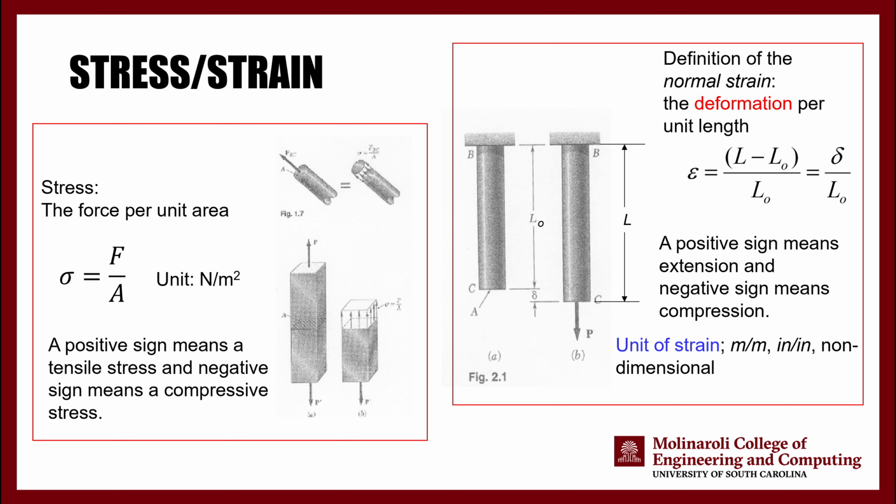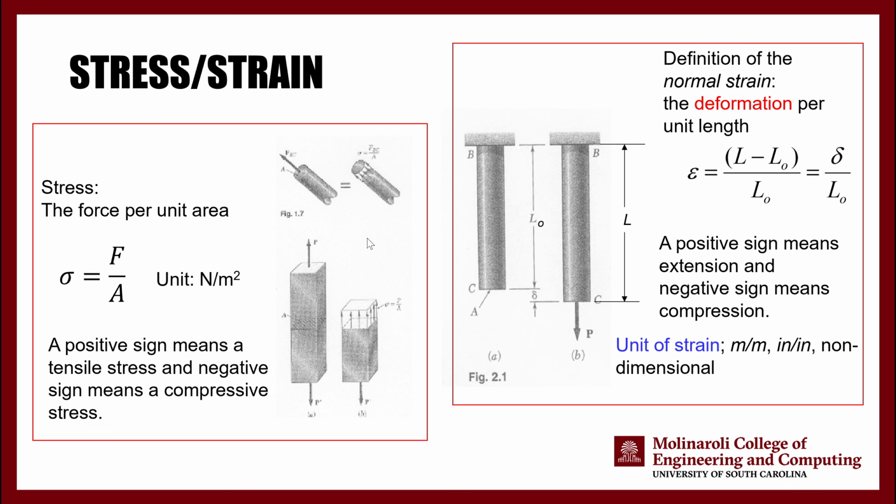What is a stress? A stress is simply defined as force per unit area, which essentially means that when you want to calculate it, you have to have some sort of a measurement of the load that you are applying at a beam or a rod or whatever, and divide it by the cross-sectional area.